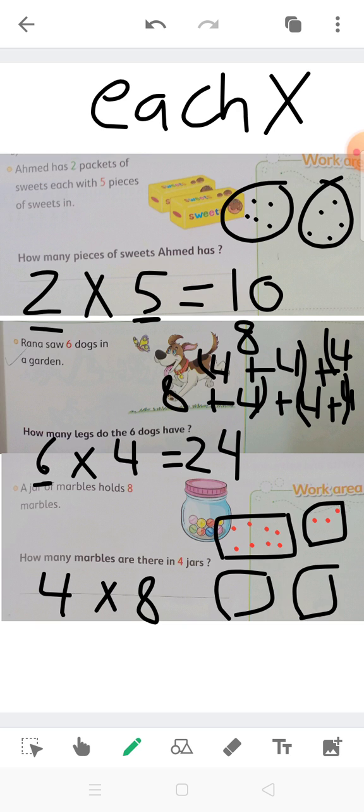Again 1 to 8, and again 1 to 8, and again 1 to 8. Okay, let's see here. What does it equal? Equals, if we count them or just add 8 plus 8 plus 8 plus 8, it becomes 32.